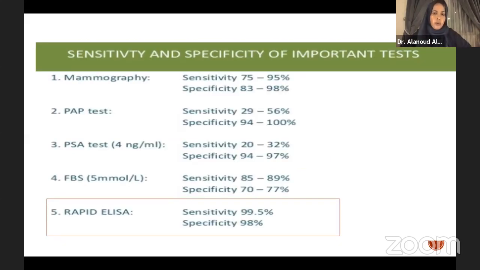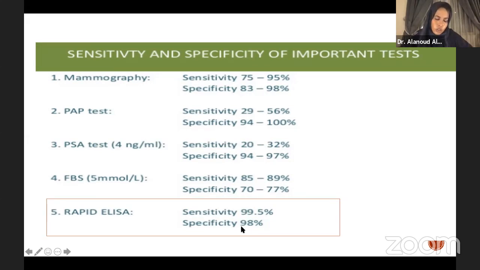And here are simple examples. I just want to show you that it's difficult. It's not impossible to have a screening test with good sensitivity and specificity, but always there is a trade-off. You can see here for PSA. Here, ELISA test is very sensitive and very specific.